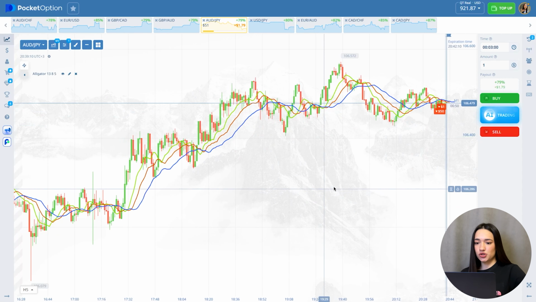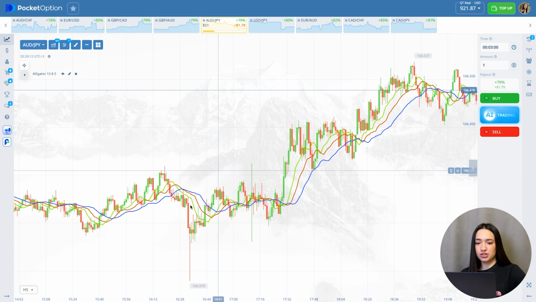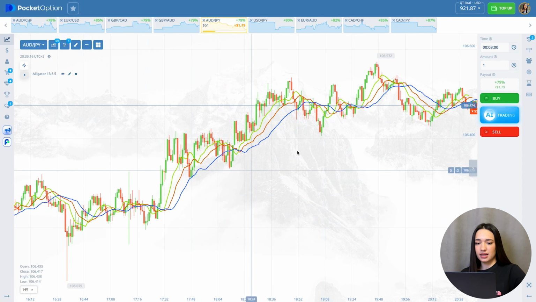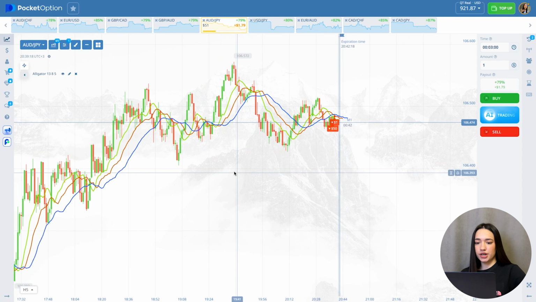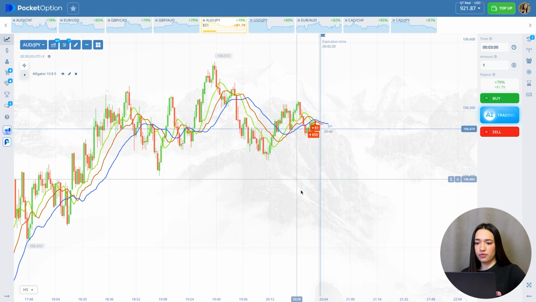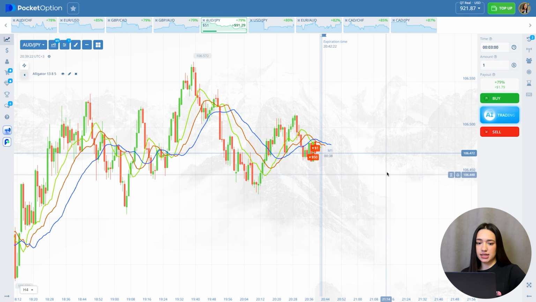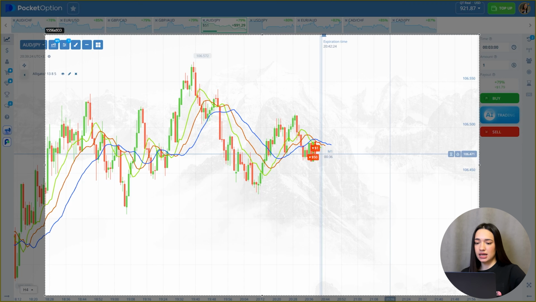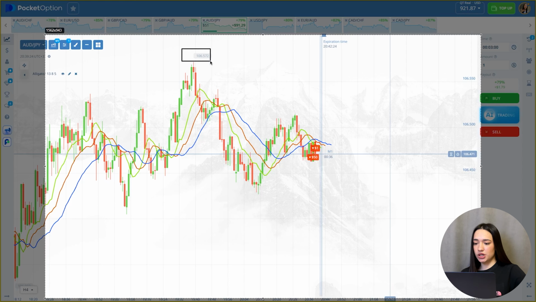Look, previously the trend was bullish. It's obvious to the naked eye, and the price was moving upward, but it can't go up forever, and a pullback is needed, and that pullback has already happened, and we see an upside of the global high, after which either a correction or a full trend reversal begins.